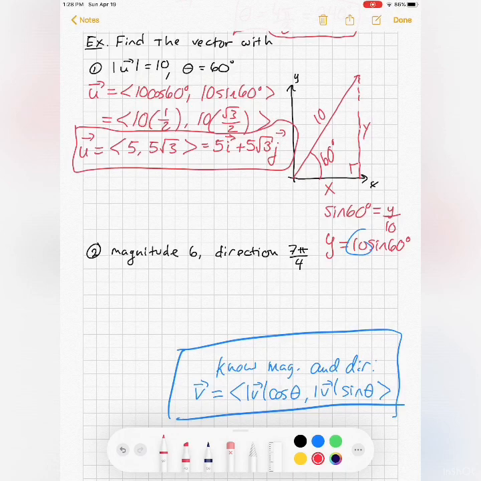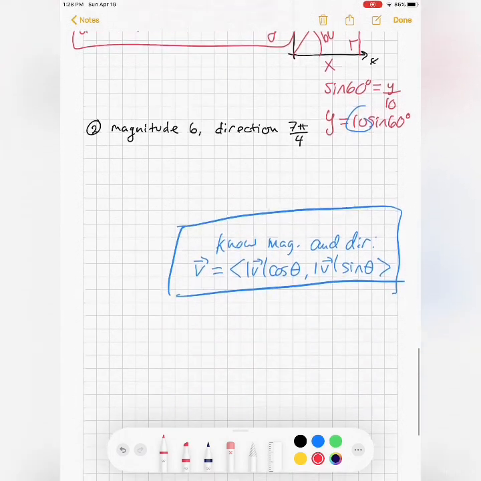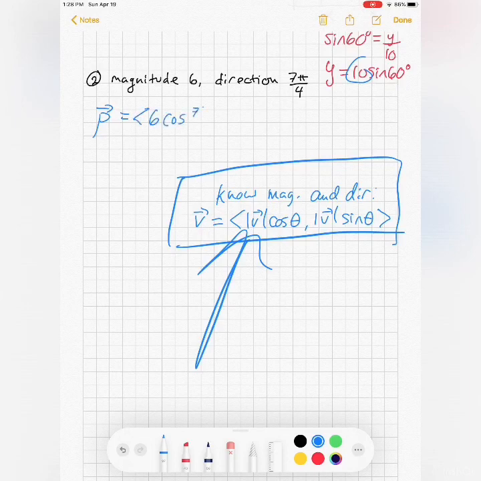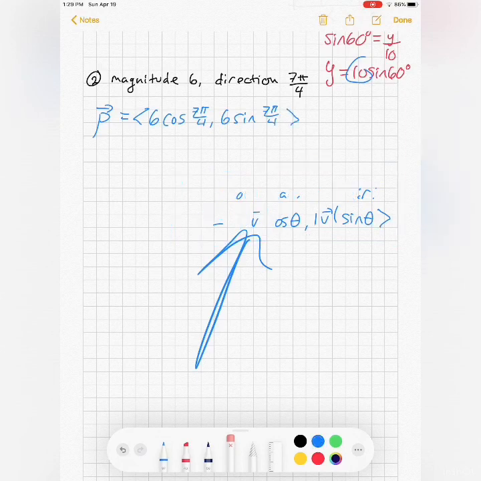All right, what about number 2? So again, if I'm given the magnitude and direction, it's going to be really easy to find this vector. I'll give it a name. I'll call it P. So I'm just going to use my formula here. So I'm going to have the magnitude times the cosine of the angle, the magnitude times the sine of the angle. And then I just go ahead and evaluate.